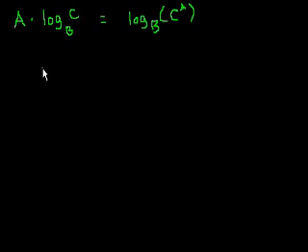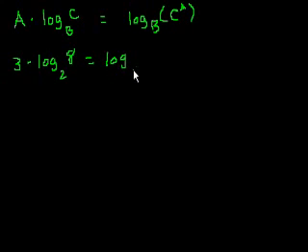So let's see if this works out. Let's say I have 3 times logarithm base 2 of 8. This property tells us that this is going to be the same thing as logarithm base 2 of 8 to the third power.